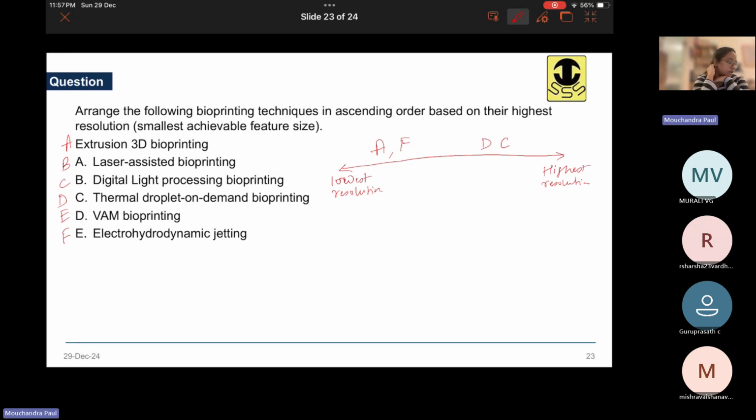What about B and E? We can write it like B, D, and E, ma'am. After F, B will come, ma'am. After F, we can write B here and E.